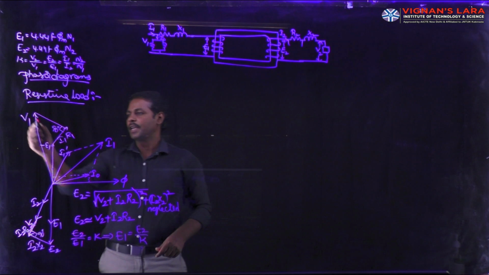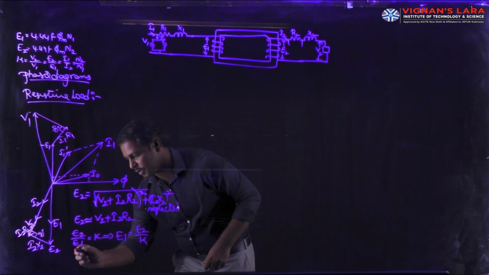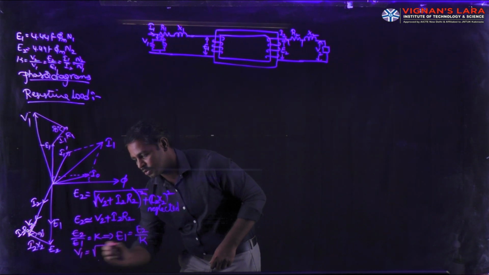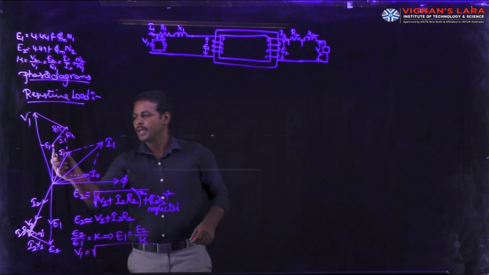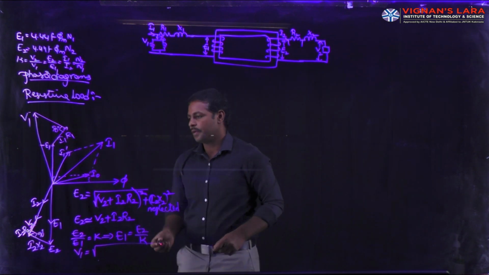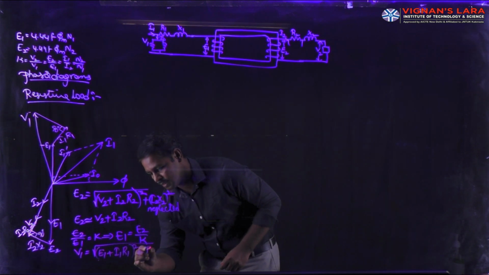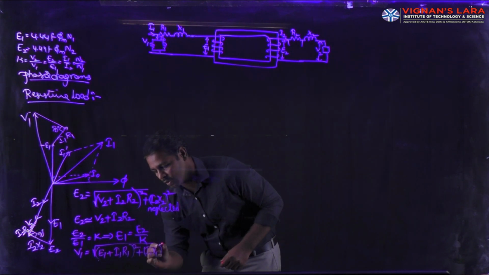In a similar fashion, we are also calculating the V1 value. V1 is equal to square root of (E1 plus I1 R1) whole square plus (I1 X1) whole square.